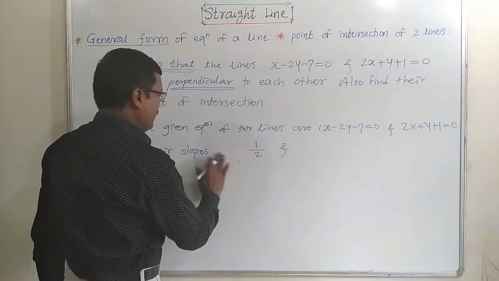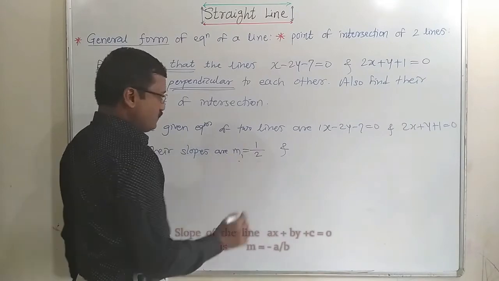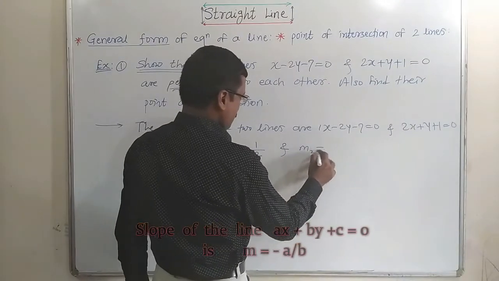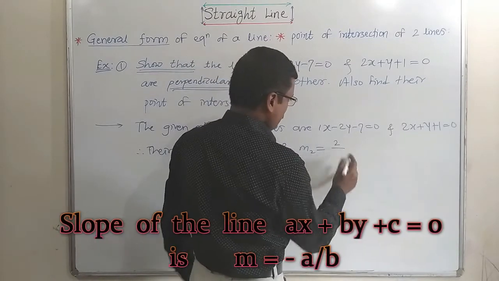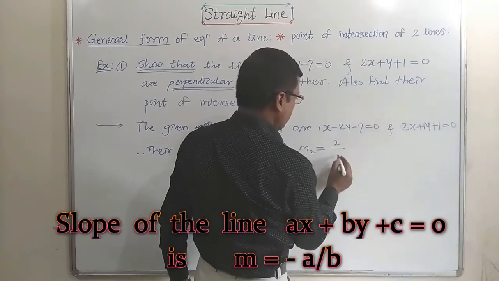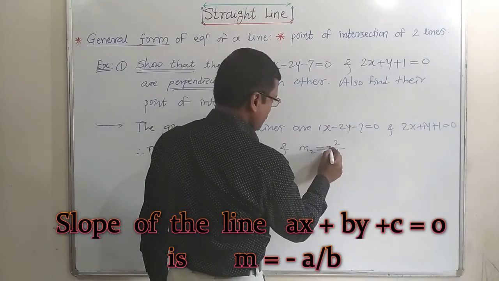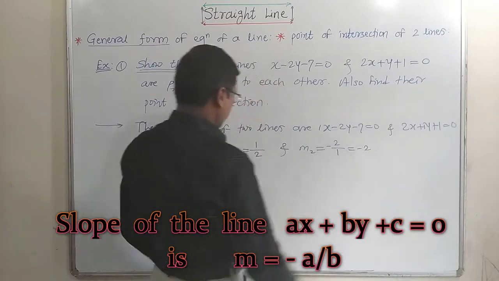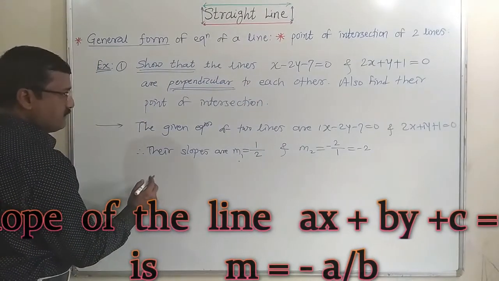Consider their slopes as m1 and m2. Slope of the first line, m1, is the ratio of the coefficients of x and y, with negative sign, so it is half. For the other line, the coefficient of y is 1, so it is 2 upon 1 with negative sign, so it is minus 2. So the slope of the first line is half and the slope of the second line is minus 2.